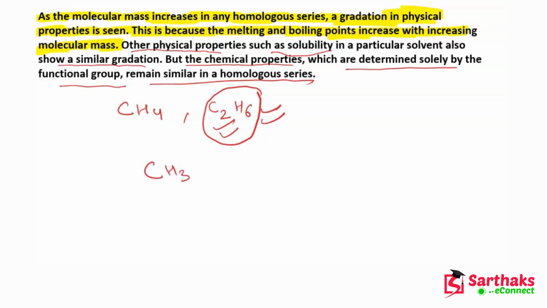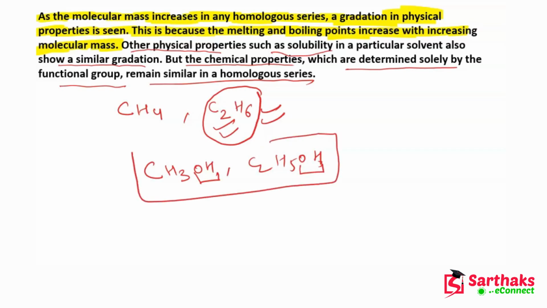Let's suppose CH3OH and C2H5OH. Here the same functional group is replacing the hydrogen. It means the chemical properties of these two compounds are same. But physical properties are different because the molecular mass is different.